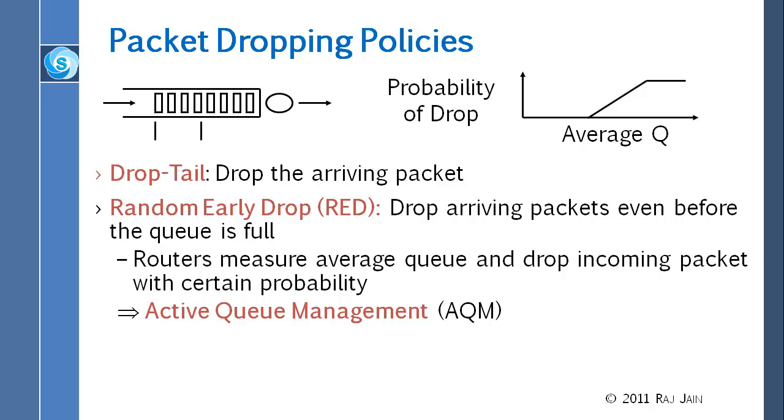So random early drop. The routers measure the average queue and drop incoming packets with certain probability, and this is called active queue management. It is called active queue management because the previous thing, the drop tail, was passive queue management. You sleep and suddenly wake up and you find that the room is full and you stop dropping the packets. But active means you are awake all the time.